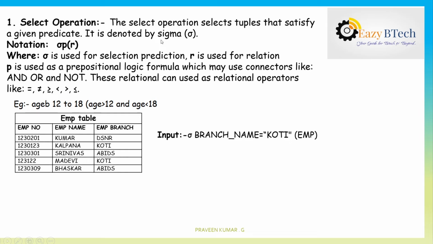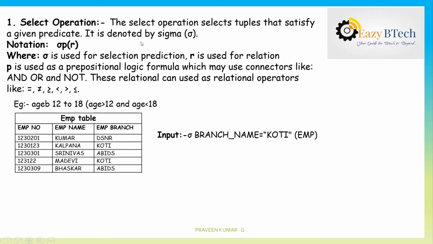What is the notation for select? We denote the select operation by sigma. In sigma p r, sigma denotes selection, r is the relation, and p is the propositional logical formula, the condition we are giving.